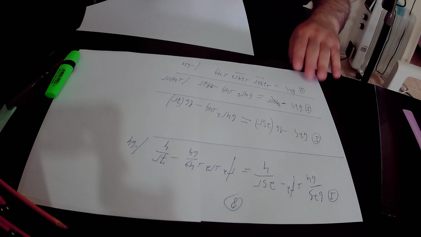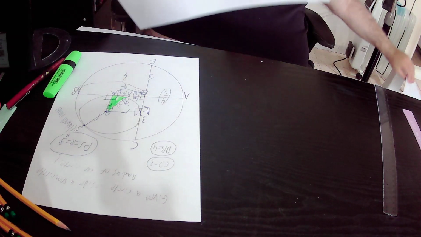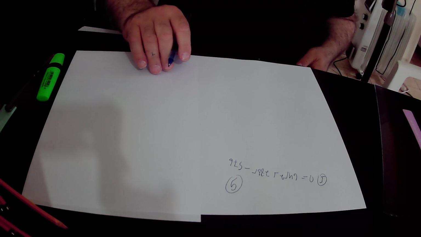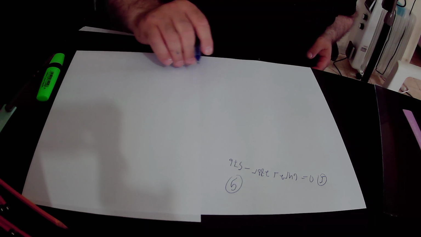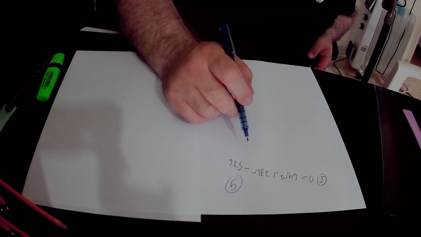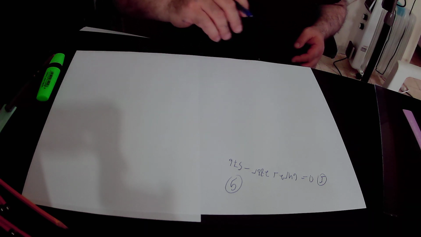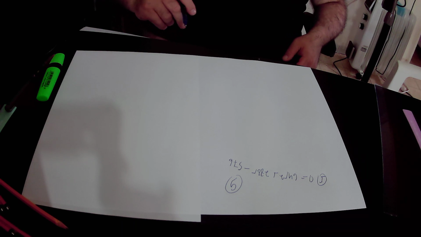So in conclusion, we found that according to equation number 1, 64r squared plus 288r minus 576 equals 0. So we have here a quadratic equation.